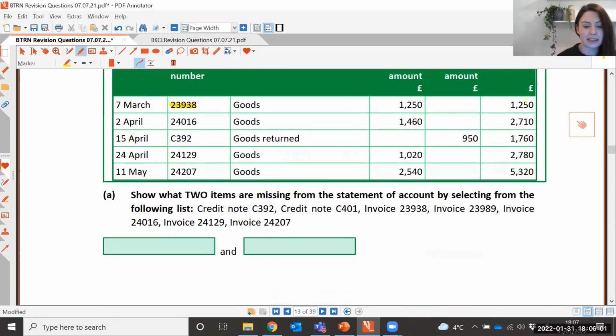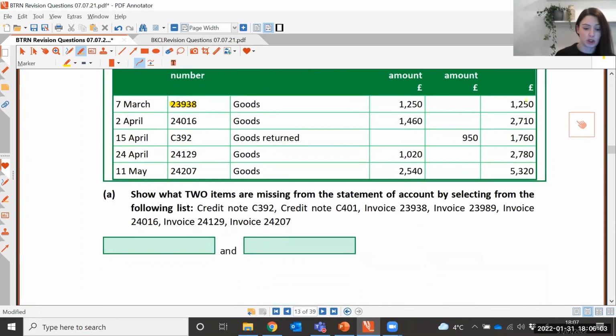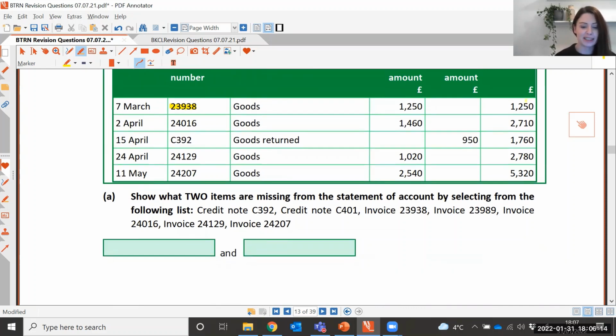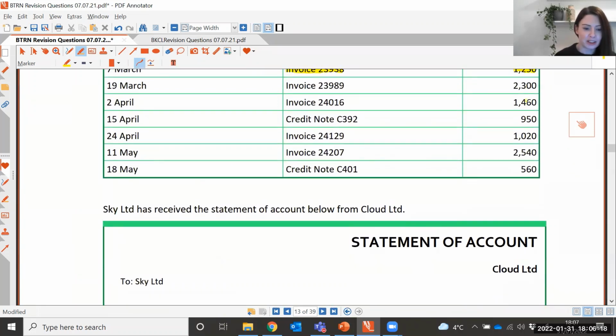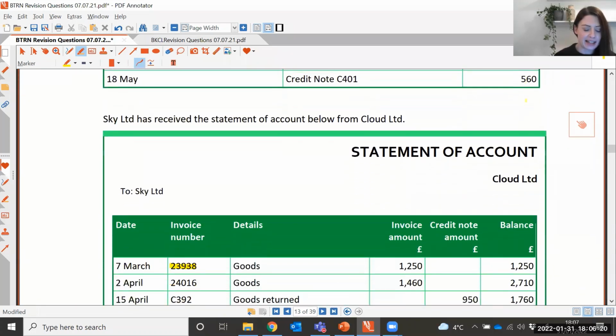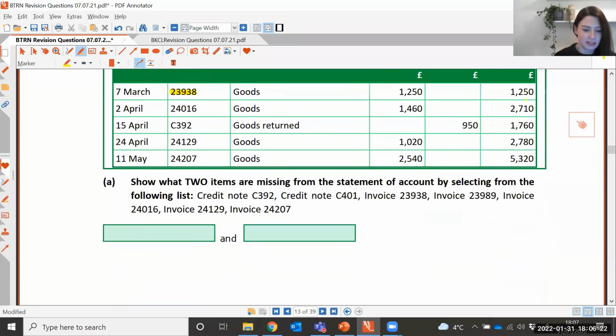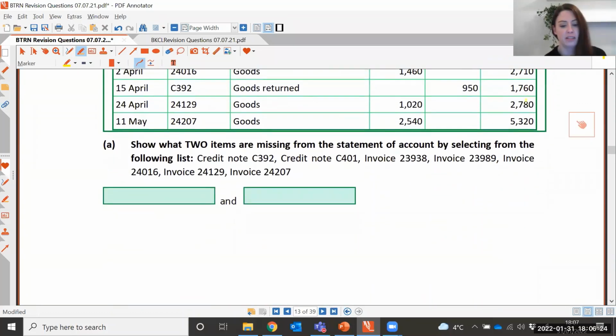So are these goods, or is this invoice shown on the statement? No. So let me just remind myself which one that was. 23989. So this invoice we know is missing from the statement of account.